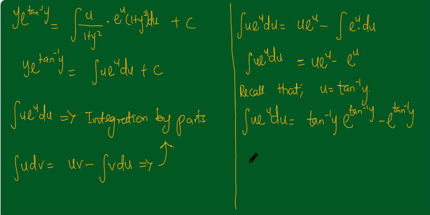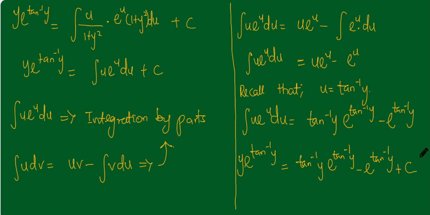So back to our equation, we have x e raised to power tan inverse of y is equal to the integral that we have. We've obtained the answer to be tan inverse of y e raised to power tan inverse of y minus e raised to power tan inverse of y plus c.